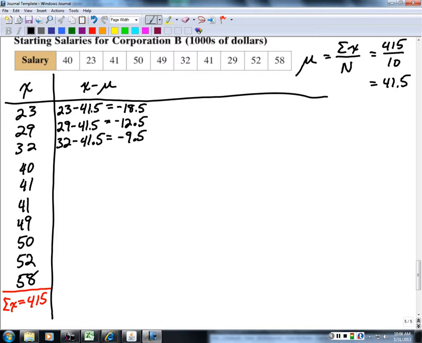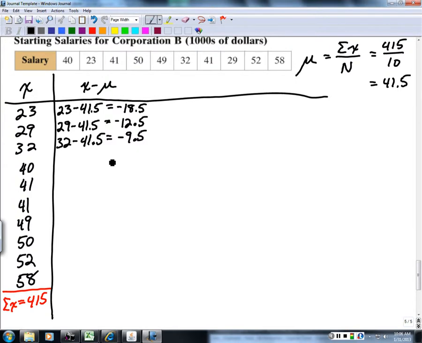Click in the first cell next to 23 and then type in equals, and whatever that cell is minus 41.5. Then just hit enter and it will do it for you. You can also put 41.5 in some other cell somewhere and use that as a reference. But for right now, we're going to do this.